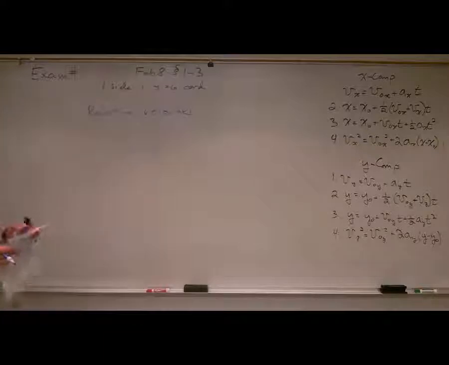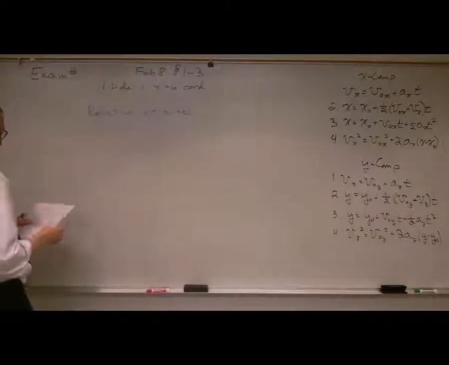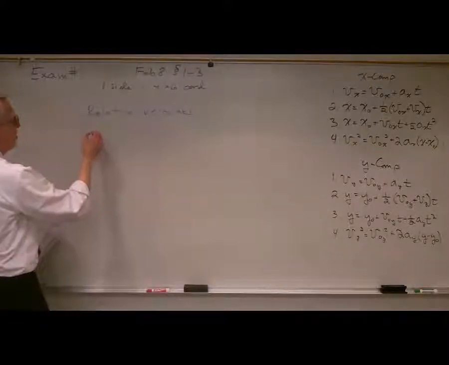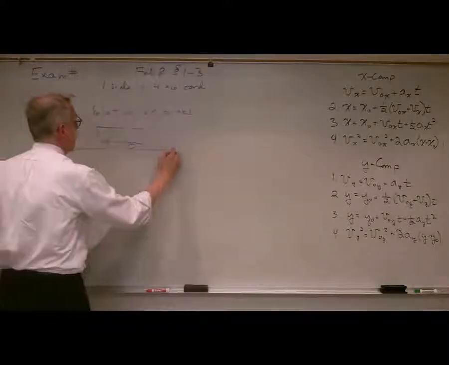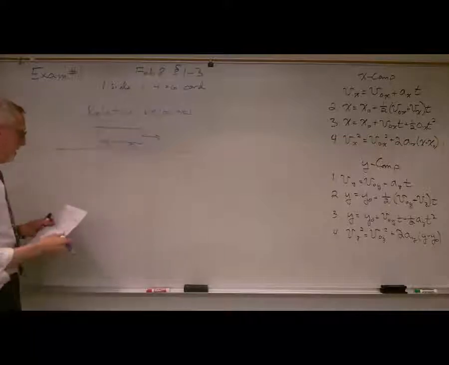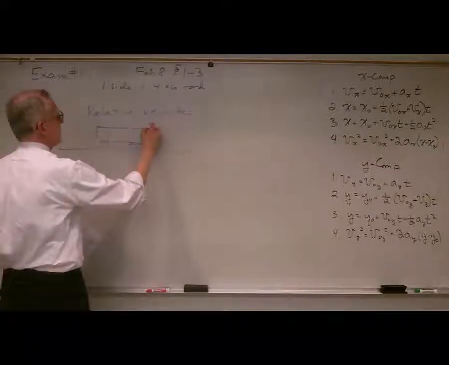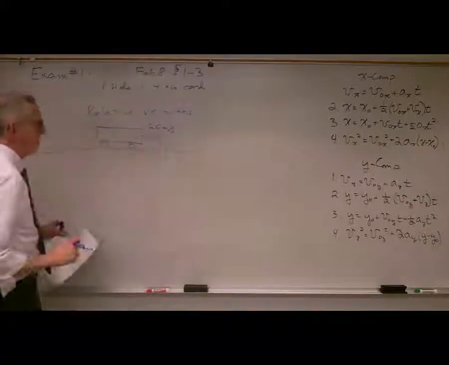Relative velocities. Okay, let's imagine that we start out with a simple problem. Let's imagine we've got a train or something like that, and let's imagine this train is going down the tracks at, let's say, 20 meters per second.